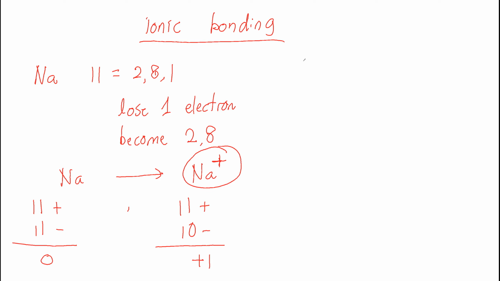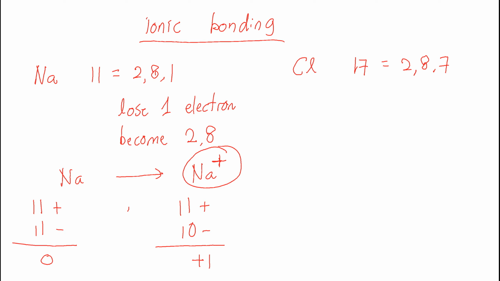Now comes along a chlorine atom. The chlorine atom has a proton number of 17. 17 has an electronic structure of 2, 8, 7. So the chlorine atom is also not in a noble state, not complete and not stable.